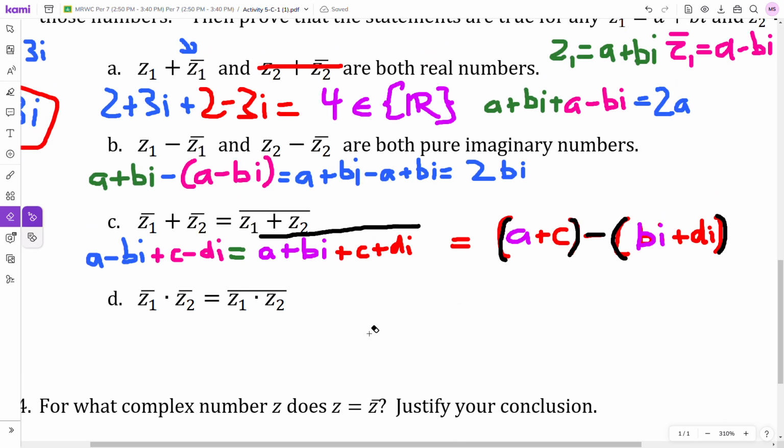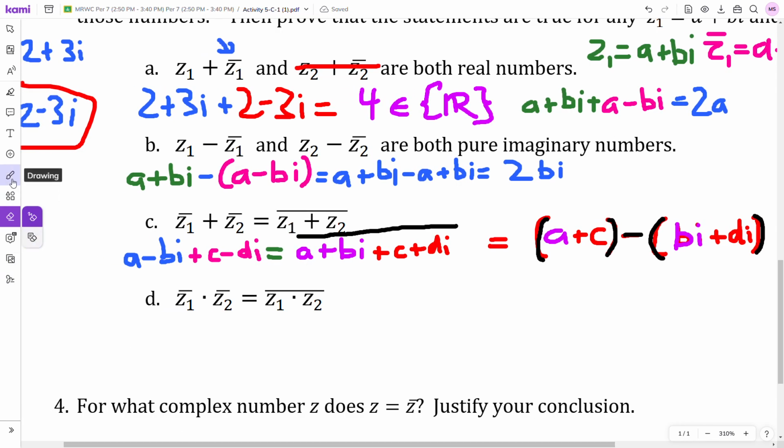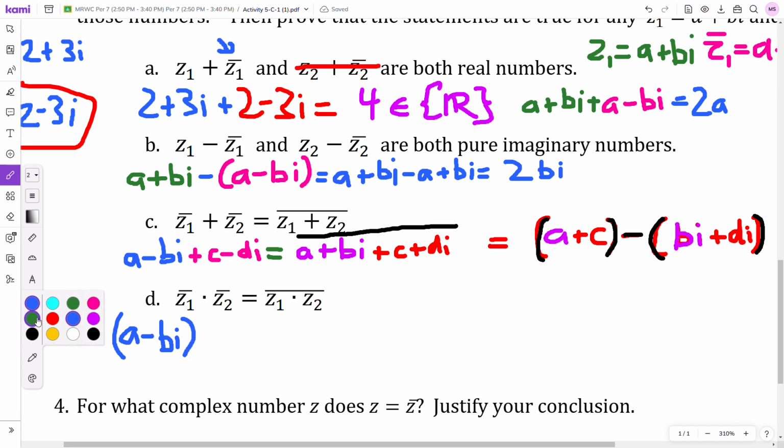Letter D. What about multiplication? So if Z sub 1 is A plus BI, then the conjugate of that is A minus BI. And we're going to multiply this by the conjugate of Z sub 2. So this is C minus DI.